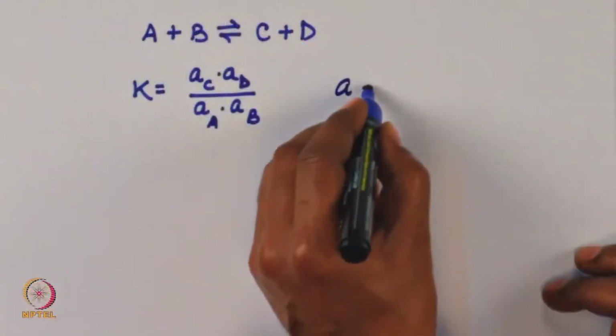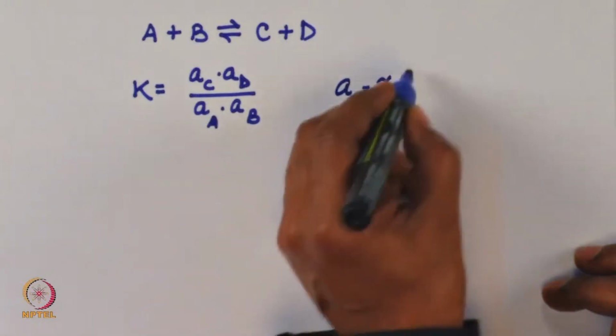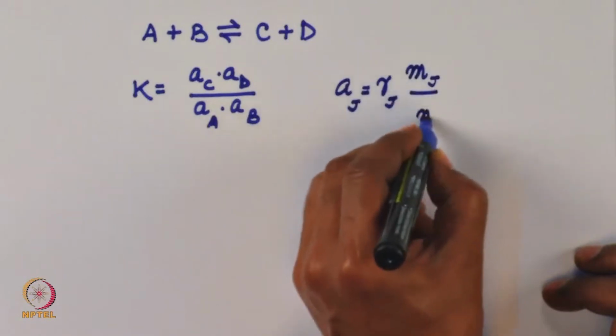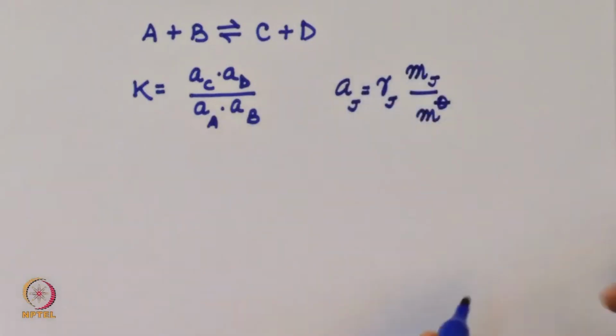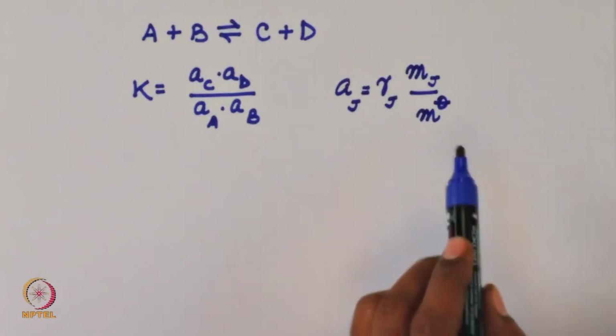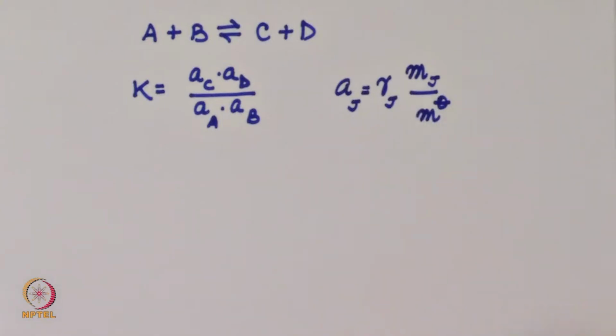What I am saying is, activity of any species J is equal to activity coefficient of that species J into molality of species J divided by m naught. M naught is 1 mole per kg. M naught, as we discussed earlier, is introduced to get rid of the units.